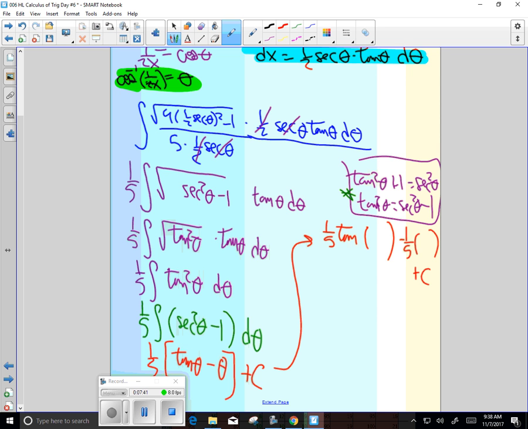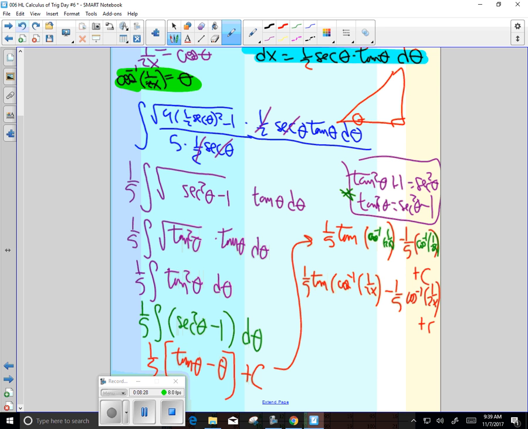And we said theta was the inverse or arc cosine. I'm just going to call it the cosine inverse of 1/2x. So we have 1/5 the tangent of the inverse cosine of 1/2x, minus 1/5 inverse cosine 1/2x plus c. And when we make a triangle for cosine inverse of 1/2x, where does the 1 go? Opposite, hypotenuse, or adjacent?